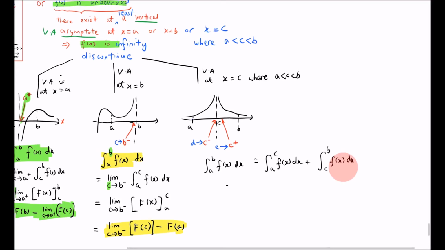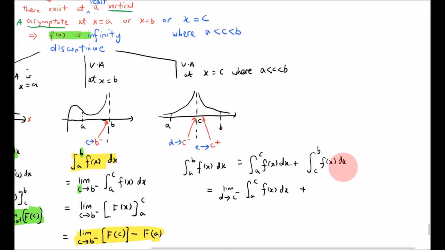So you see this will be equal to, so you bring your limit, d approaches c minus, integrate a to c f(x) dx, plus limit e approaches c plus, integrate e to b f(x) dx.